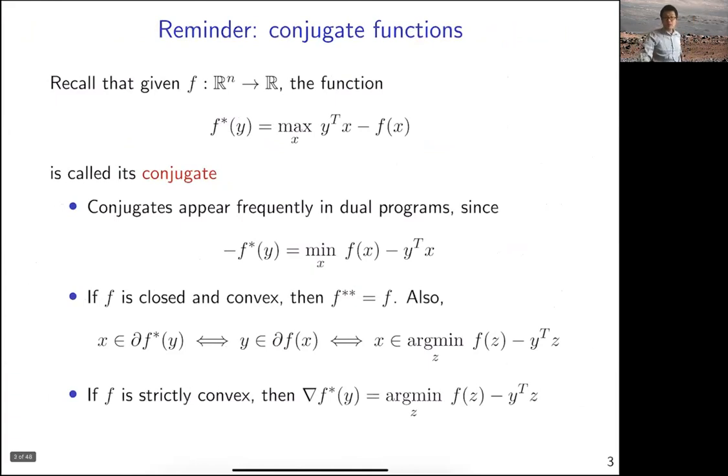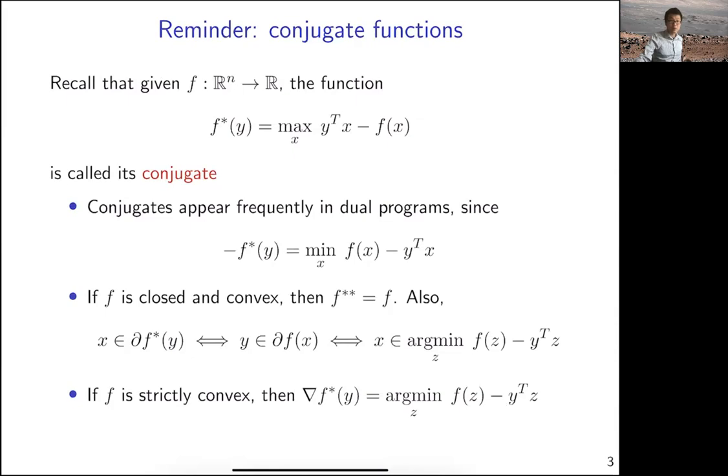So before we start talking about algorithms, let's have a quick recap of a tool that we'll be using for deriving those algorithms. I hope you still remember conjugates, the convex conjugates, Fenchel conjugates, or conjugate functions. The lectures on duality were a couple of lectures before, and you've done the homework.